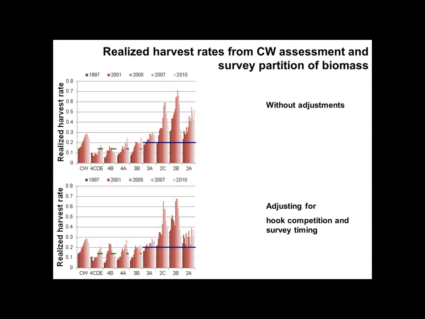So the farther on you go, the better look you have at cohorts that are entering the exploitable biomass. Since we have a broad set of ages in a long-lived fish, it takes quite a few years to get a look at the real magnitude of that cohort, as close as we can get.